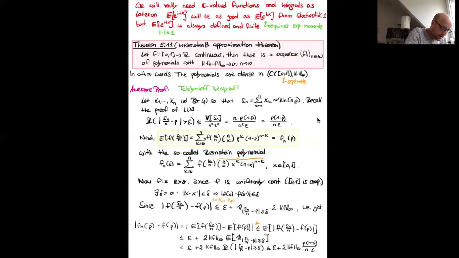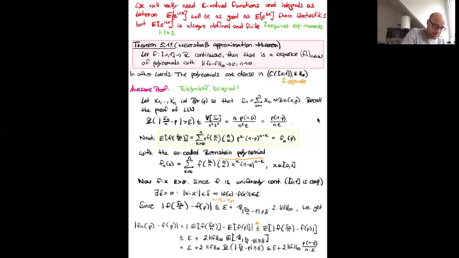In an abstract way, this is g of k multiplied by pk, the probability the random variable takes the value k. So what is pk if I have a binomial random variable with parameters n and p? It's just this one. And this is just the function, which in this case is f of x divided by n, plug in x equal to k.